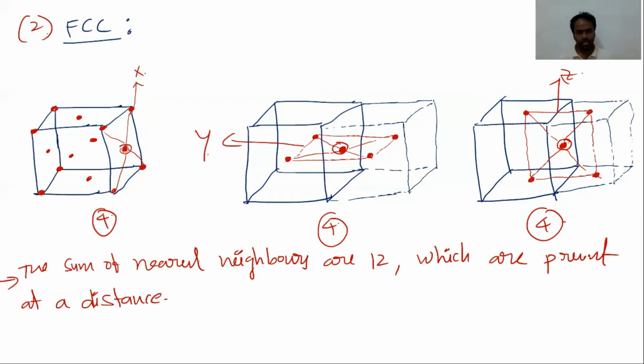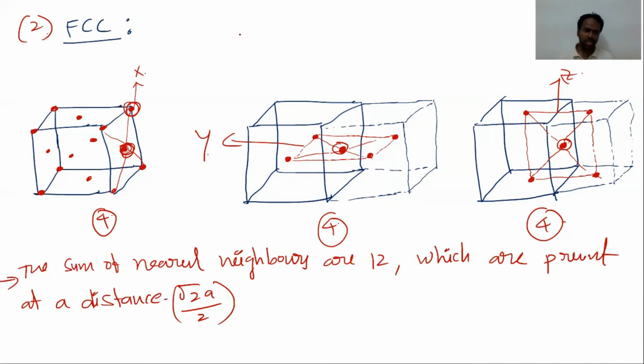See here, I want the distance between these two. So this is the length of the face diagonal. The length of the face diagonal is root 2a. Exactly half of the length of the face diagonal, that is root 2a by 2. So the distance between the nearest neighbors is root 2a by 2.